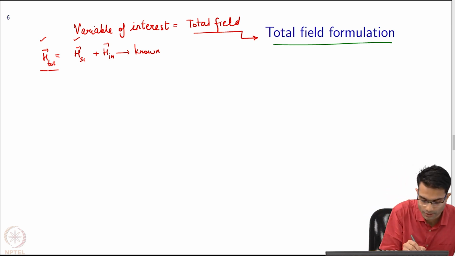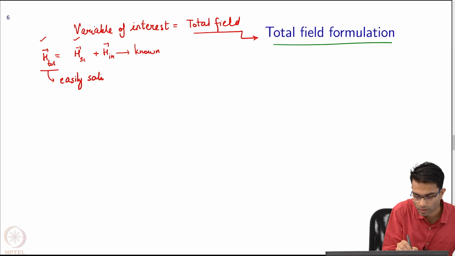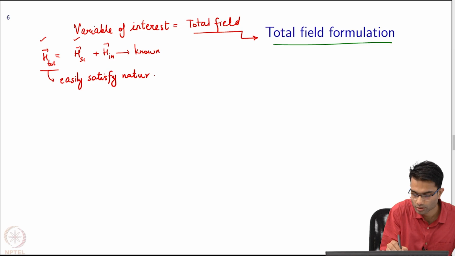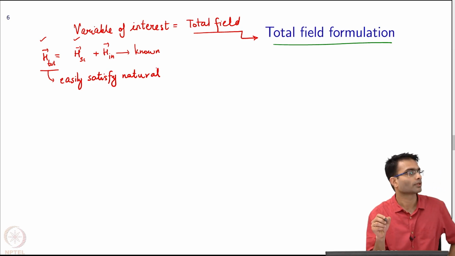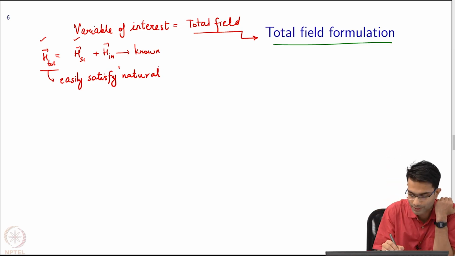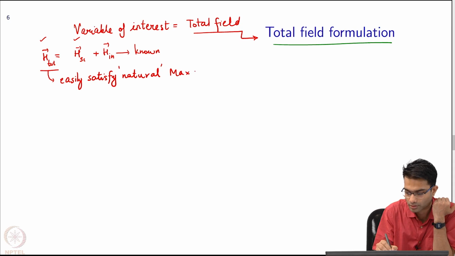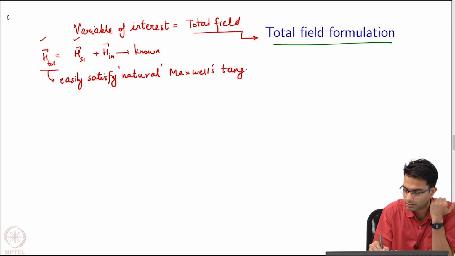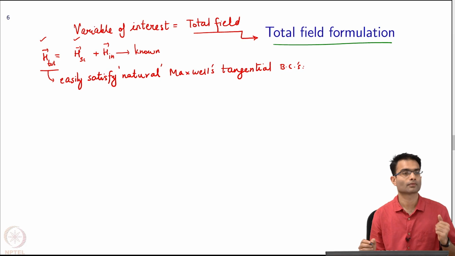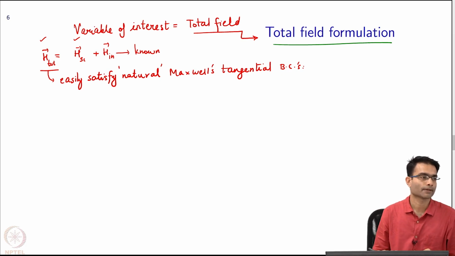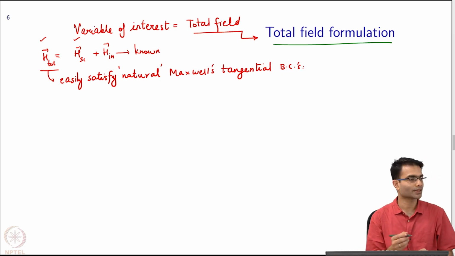So, you can say that we easily satisfy, let us call them natural Maxwell's tangential boundary condition. Basically, E tan is conserved, H tan is conserved.